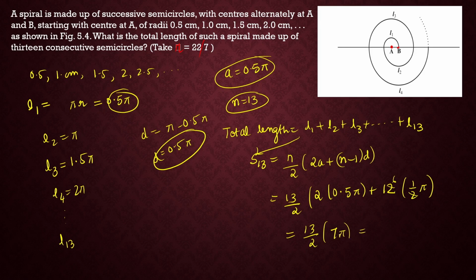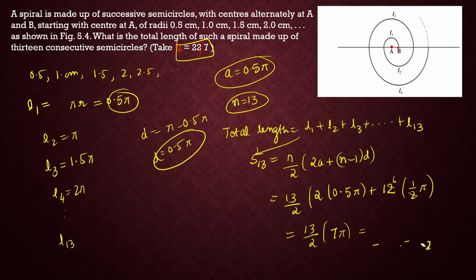So that is equal to 13 by 2 into 7. So 13 by 2 is nothing but 6.5. 6.5 into 7 is equal to 45.5 pi. Now the value of pi they have asked us to take as 22 by 7. So that is 45.5 into 22 by 7. Or let me do one thing.